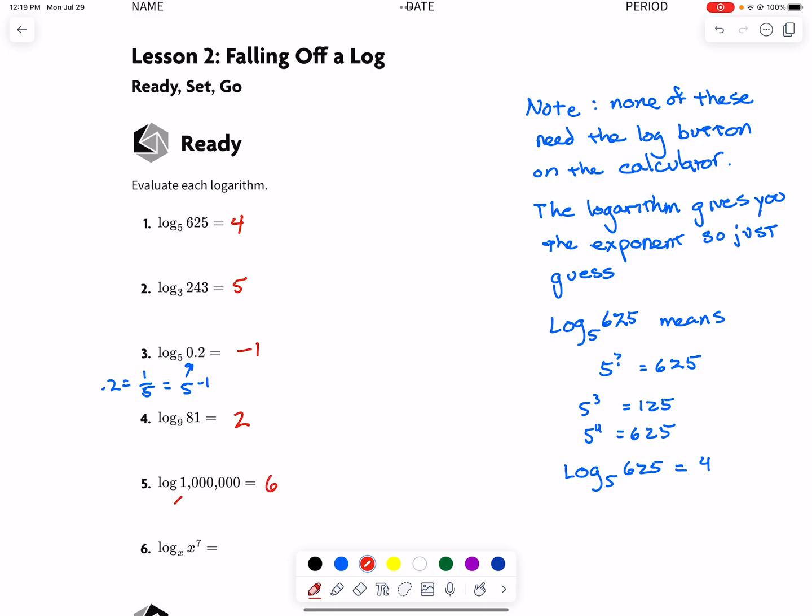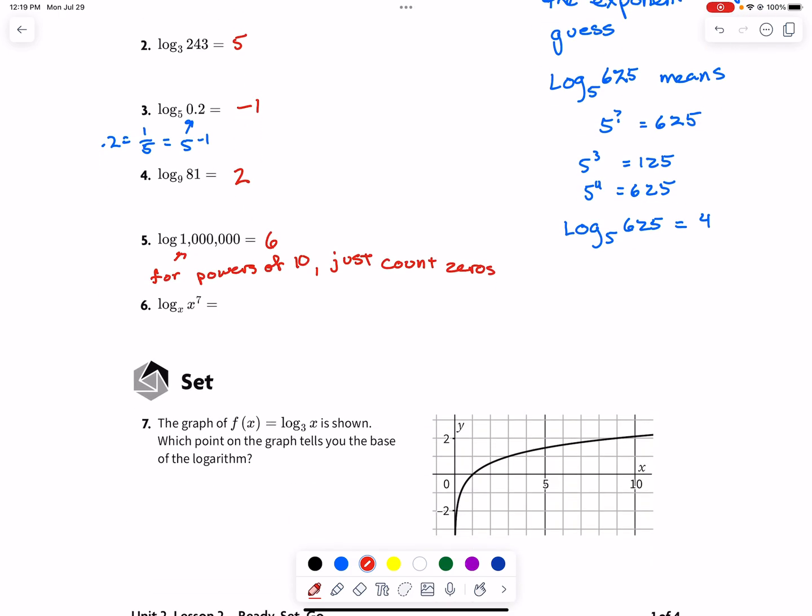We'll write a little note. Log base x of x to the 7 is 7. For those of you paying complete attention, this is as long as the log is defined.